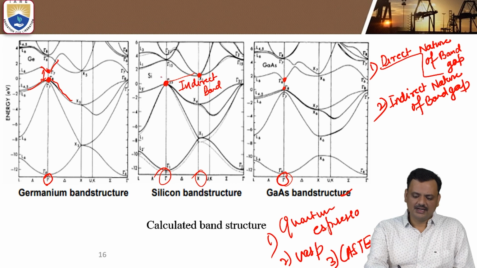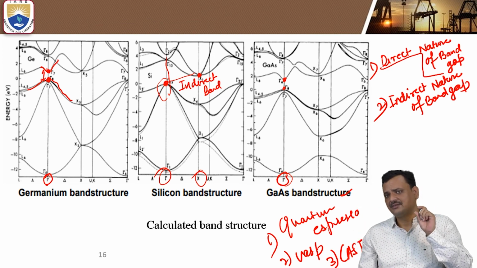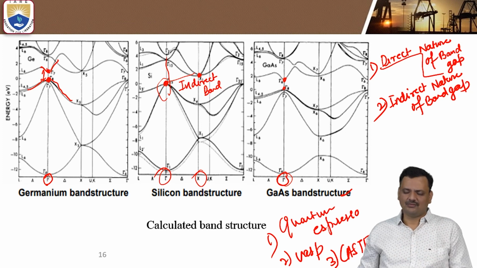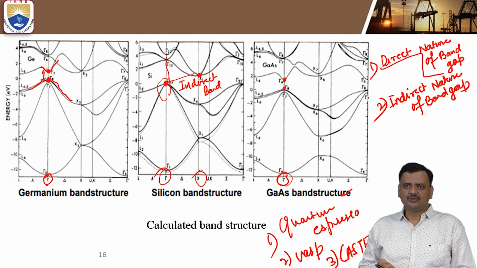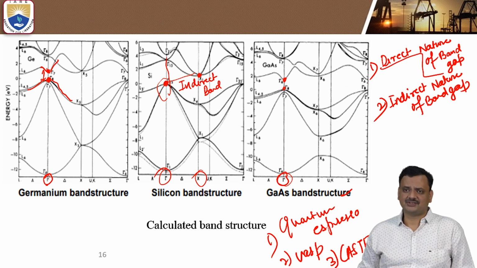So a photon will interact with or be absorbed by the valence band electrons, and the electron will reach the conduction band. So what kind of energy should be inside the photon, or what kind of wavelength should be used so that the photon will be absorbed by a particular material? All these things you can calculate by calculating the band structure.